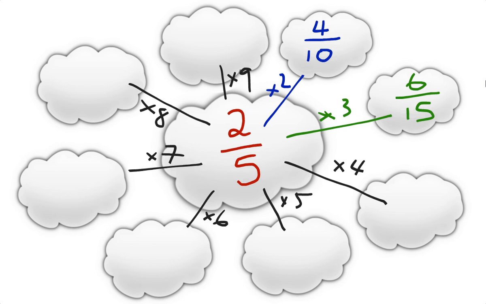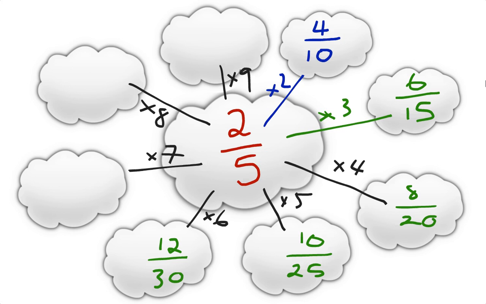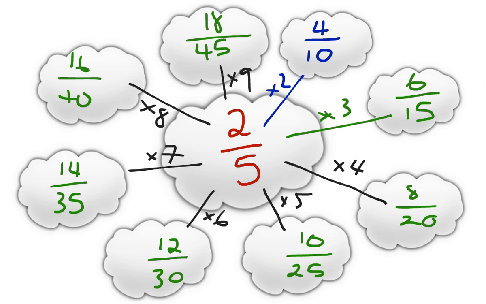Okay, well, here goes. So 2 times 4 is 8, and 5 times 4 is 20. 2 times 5 is 10, 5 times 5 is 25. 6 times 2 is 12, and 6 times 5 is 30. 2 times 7 is 14, and 7 times 5 is 35. 2 times 8 is 16, and 8 times 5 is 40. 9 times 2 is 18, and 9 times 5 is 45.